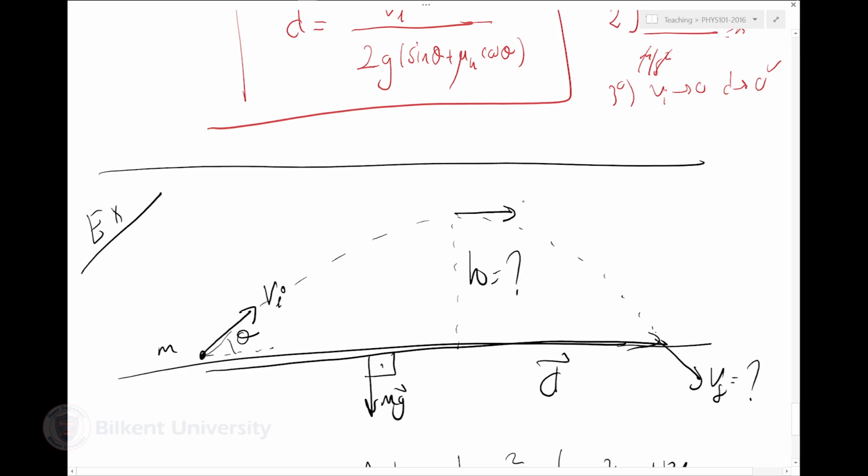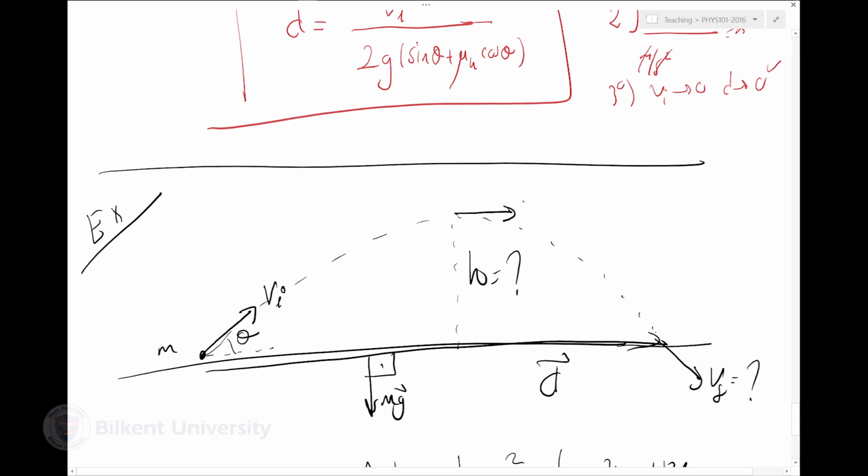So what does the work energy theorem tell me? The work energy theorem tells me that k top minus k initial is F gravity dot d. And what's the d vector from my initial point to the final point?